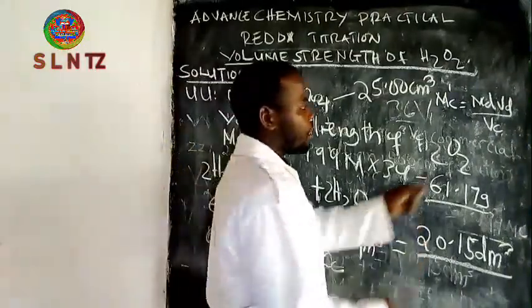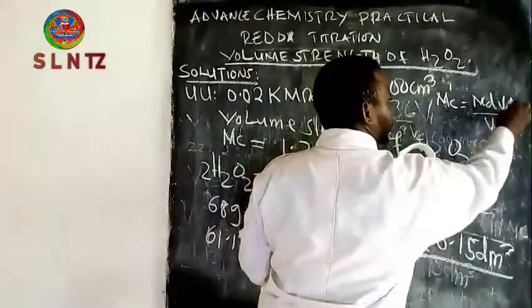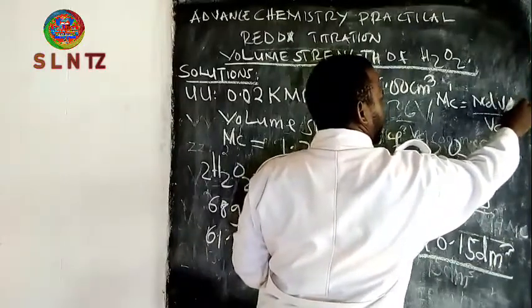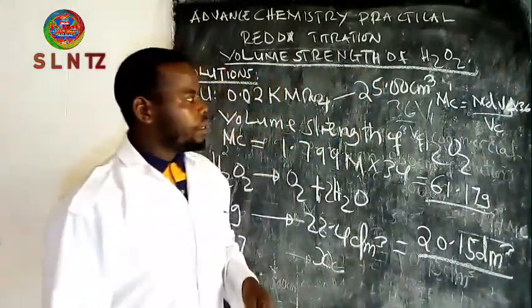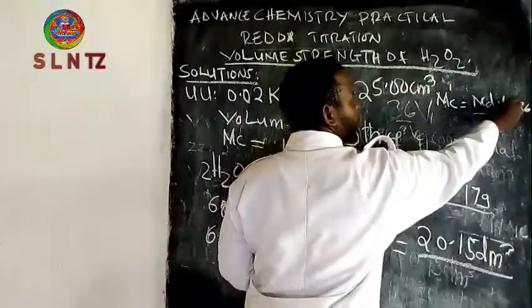So it was VC times 36. So this one will cancel with this one.